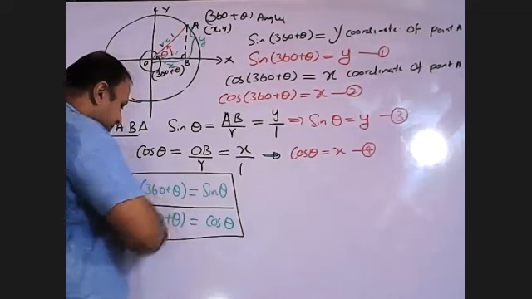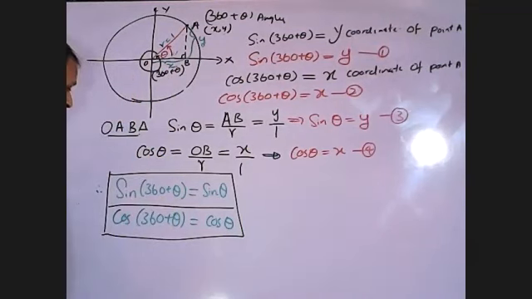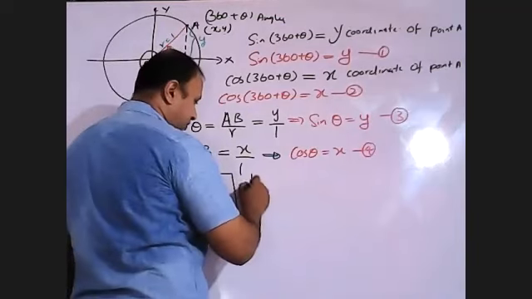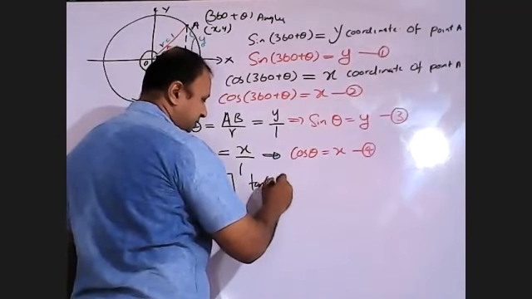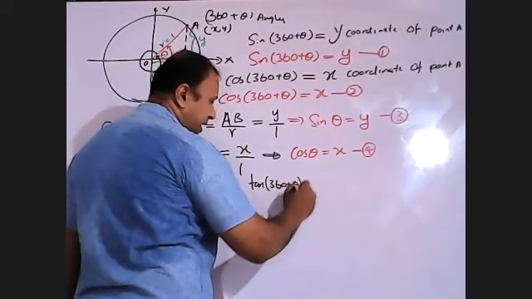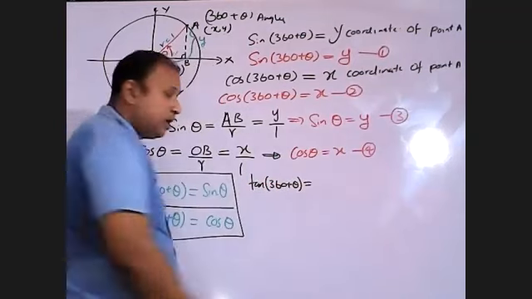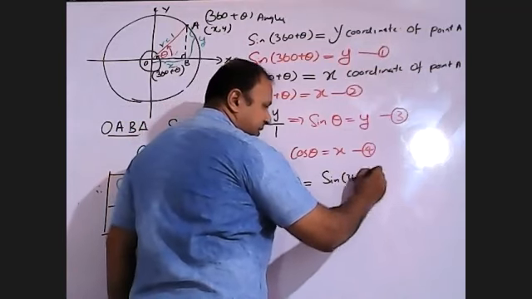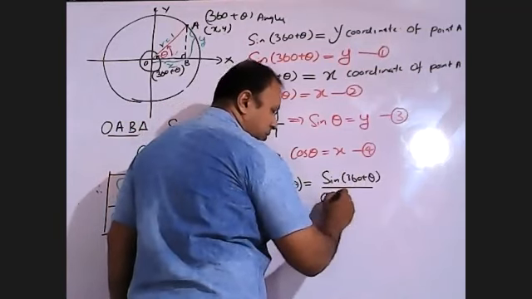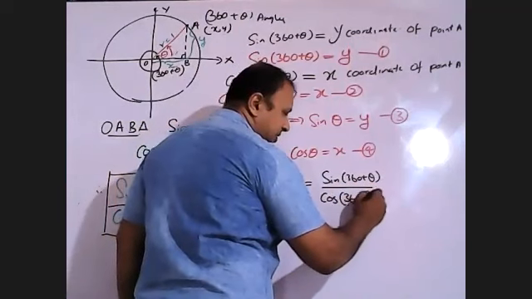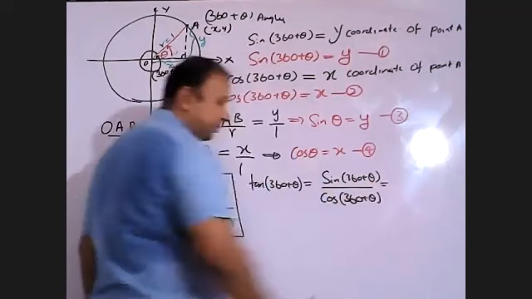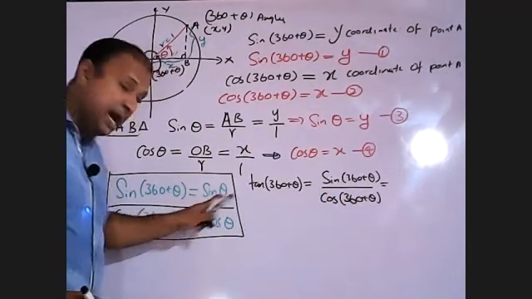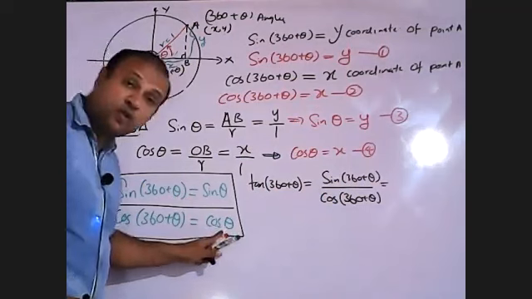Then you can divide these two equations to take the tan value. Therefore, tan 360 plus theta is equal to sine 360 plus theta over cos 360 plus theta. Sine 360 plus theta is equal to sine theta. Cos 360 plus theta is equal to cos theta.